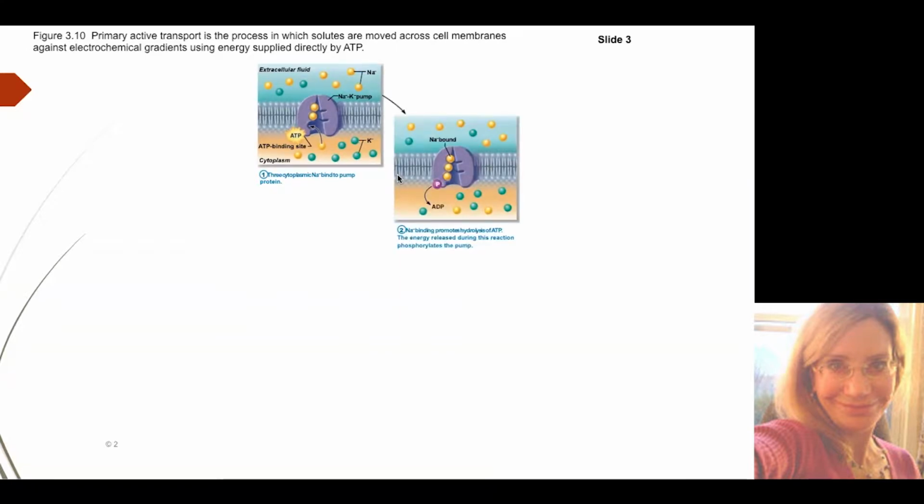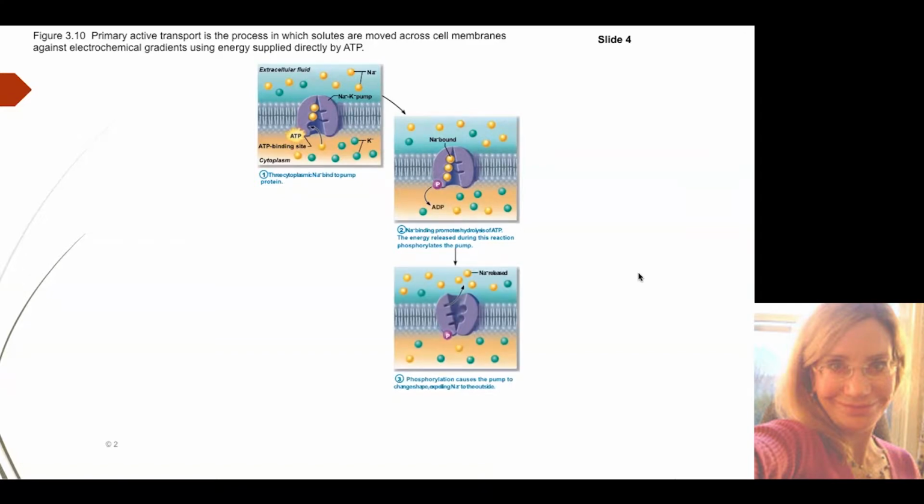Those are sodium ions inside the cell. The sodium binding actually promotes the hydrolysis of ATP, and the energy that's released during this reaction will phosphorylate the pump, basically activates the pump. So this phosphorylation causes the pump to change shape, and it will expel those 3 sodium ions to outside the cell.